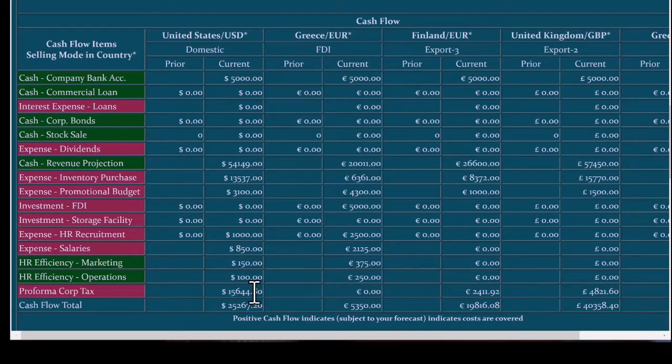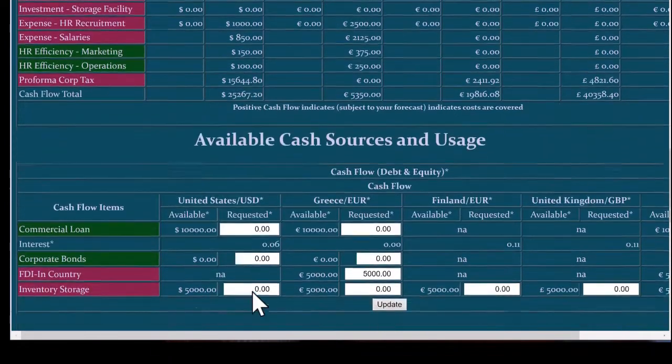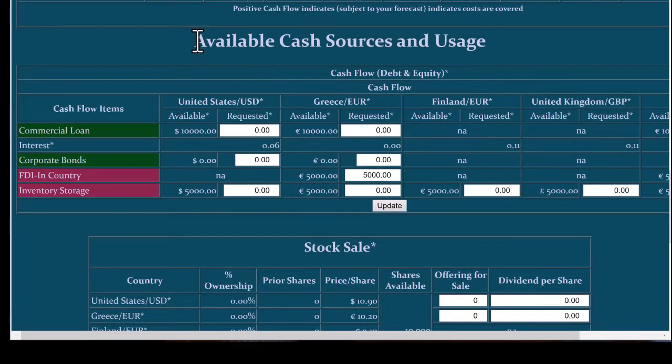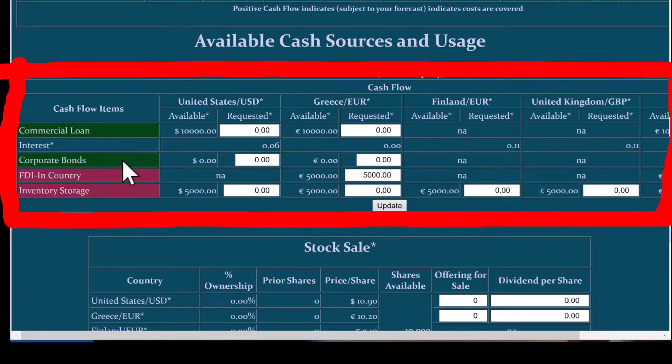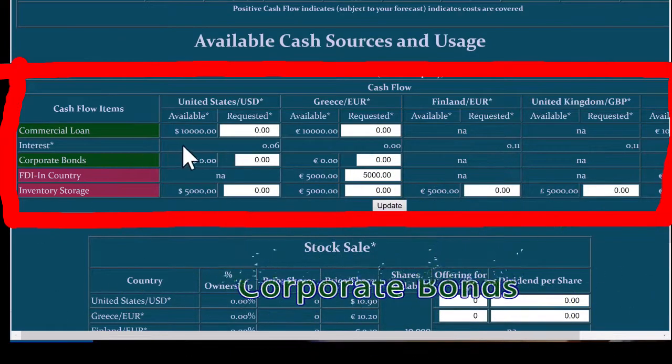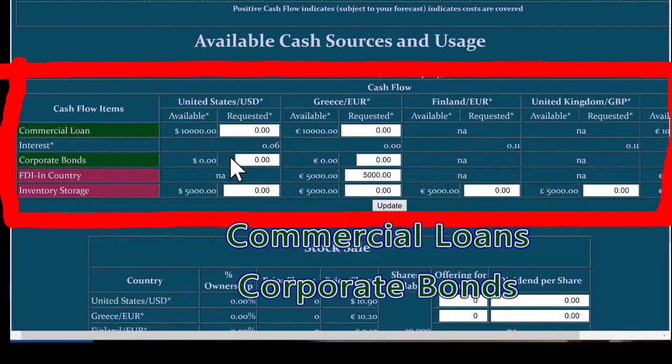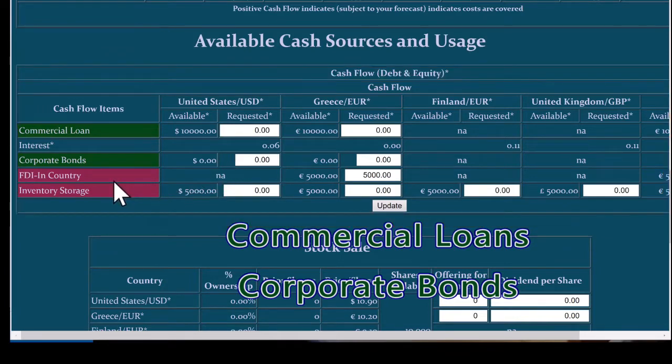Or are we quite comfortable with the numbers we see and can take a much more open view? The first area for us to receive capital and to spend it is commercial loans and commercial bonds. We have a cap, a limit, that we can borrow over the period of the simulation. We also have a limit on the number of bonds that can be issued over the period of the simulation.